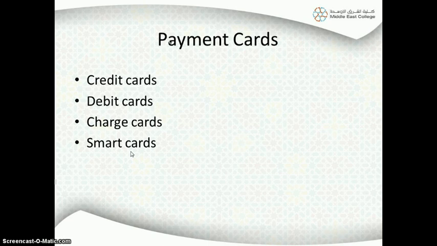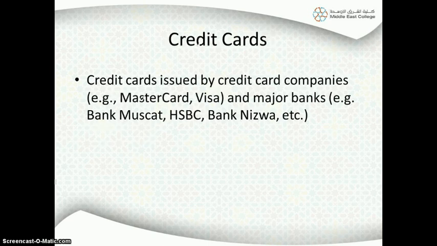There are two types of credit cards on the market today. One is the credit card issued by the credit card companies, for example, Master or Visa, and they are given by major banks, for example, Bank Muscat, Bank Dhofar, Nizwa, or HSBC.